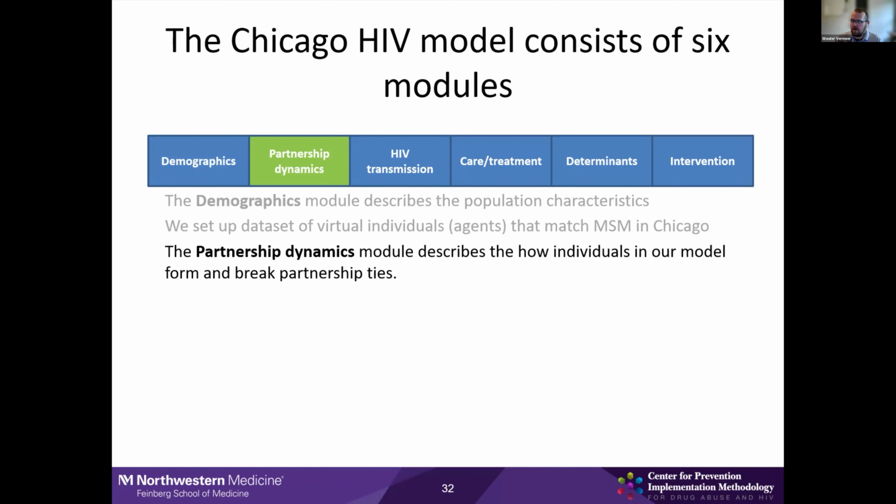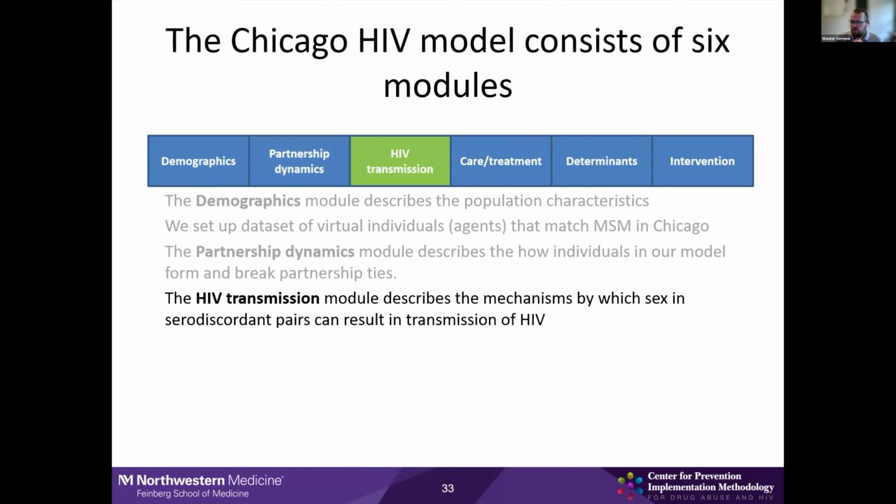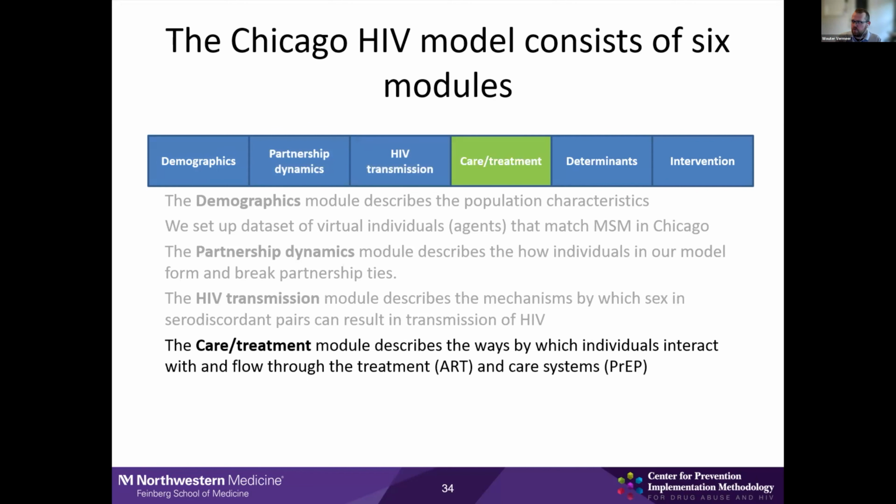So we base these on local data about sexual partnerships, and we have in our model what we call agents, which are essentially individuals, interacting among one another. Through that interaction, there is spread of HIV, and through the influence of a care system, both in terms of treatment and prevention, there is an impact of the health department onto this system and onto the spreading of HIV.